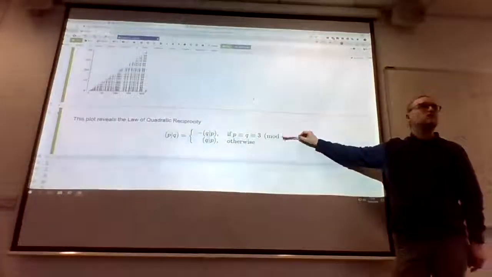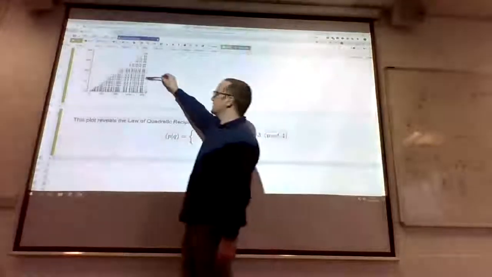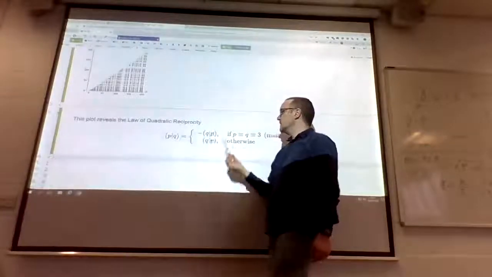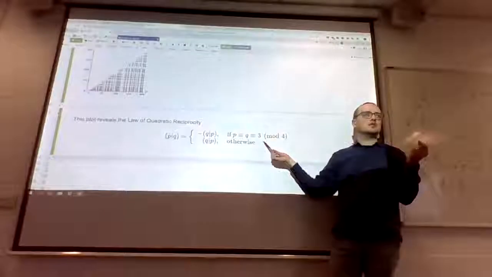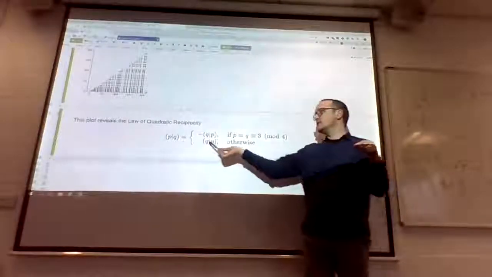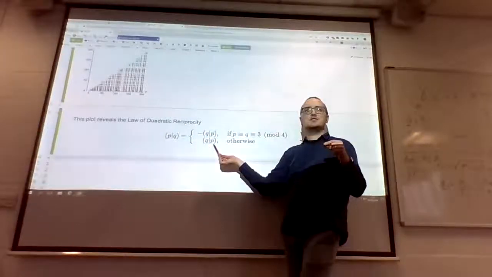Remember, each of them individually is +1 or -1, so if they're different, one is the negative of the other. And it's a mod 4 pattern. You only have a black circle, which indicates opposite status, when both of the primes are congruent to 3 modulo 4. Otherwise, the residue status of P mod Q is the same as Q mod P.